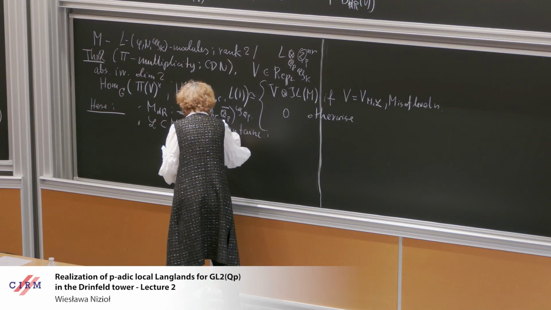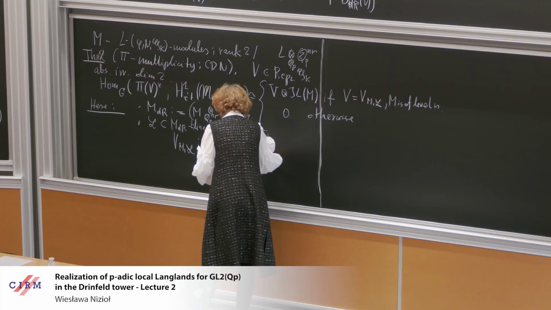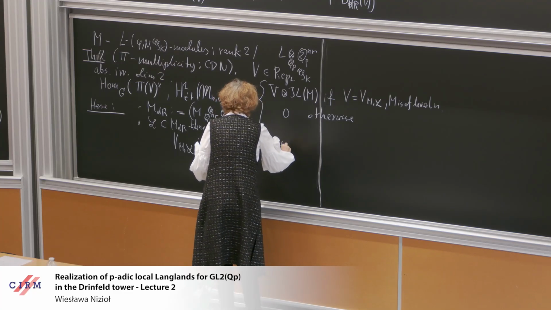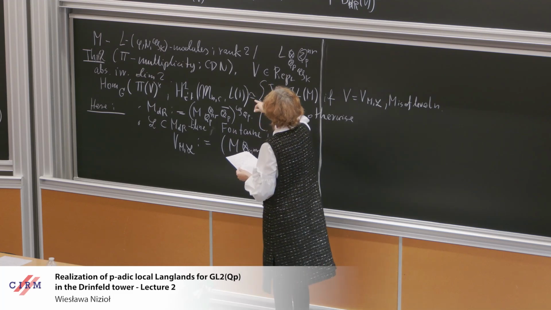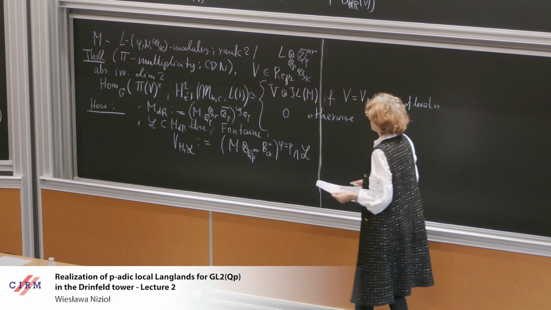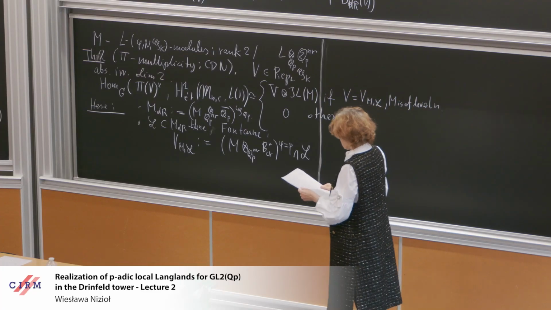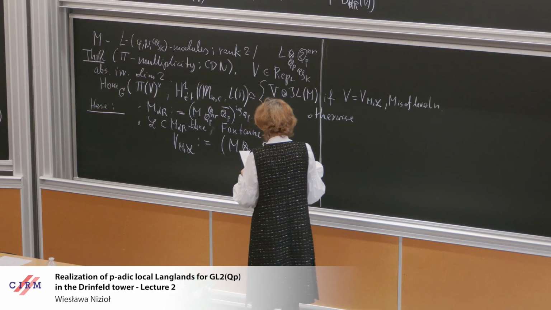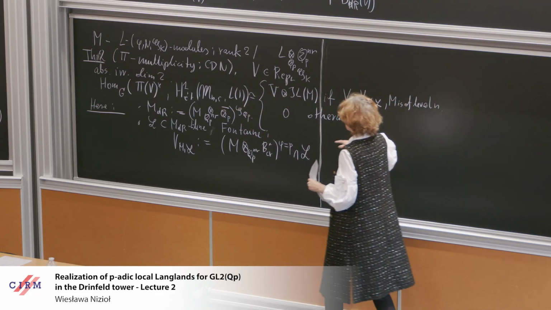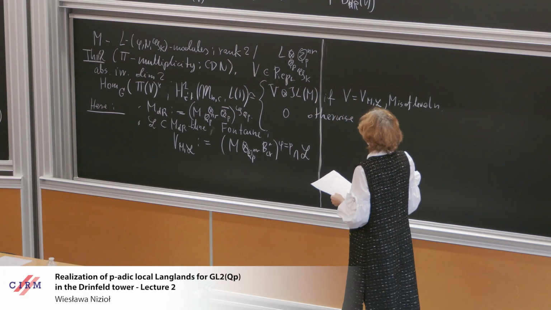So we get, I will write it this way: M tensor over QPNR B_crys plus, phi equal p, because there is some twist somewhere, and we take the filtration one part, which I just write as intersecting with L, and M of level n. It just means that M is kind of visible on this level n.